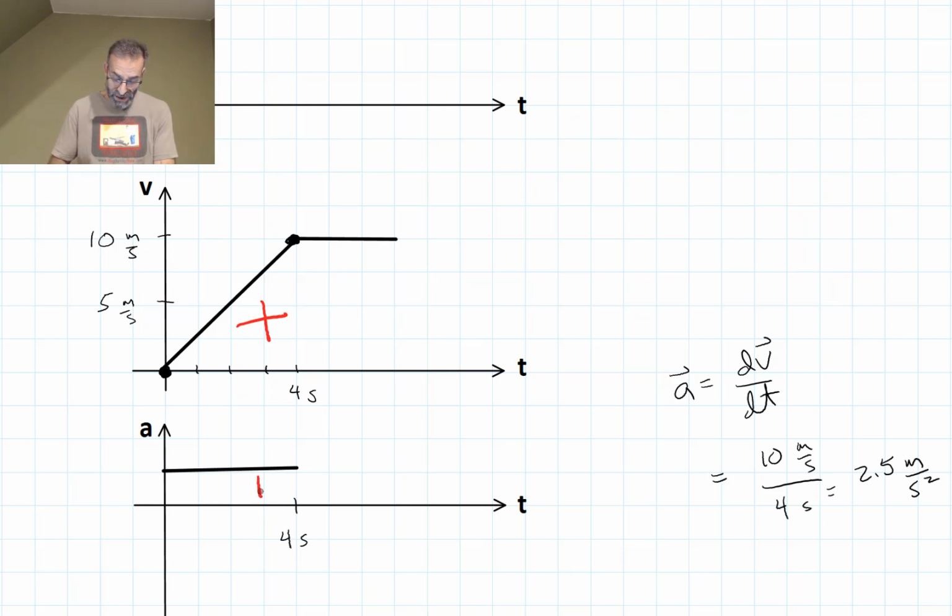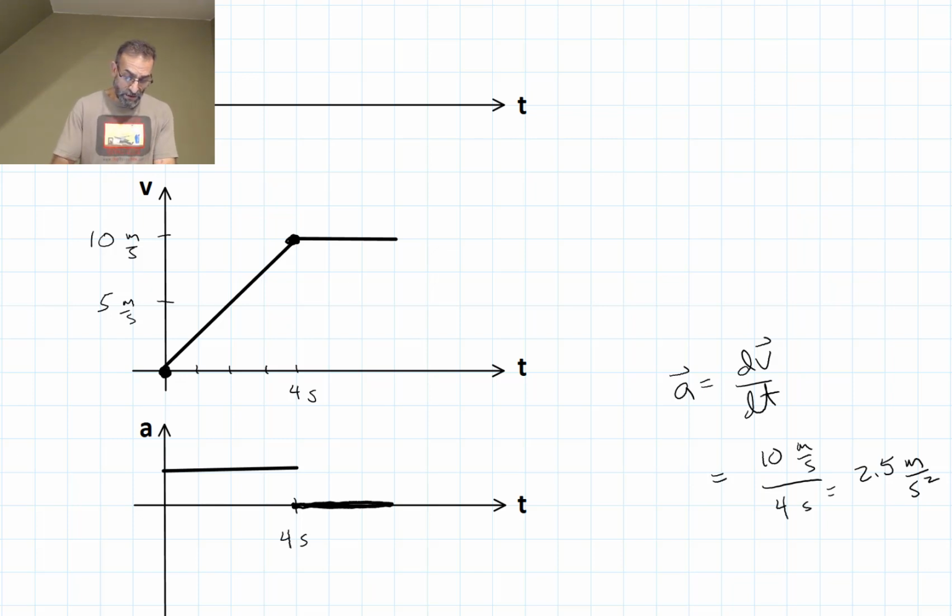It also has to be positive. And when we look at our slope, the slope is positive. So everything checks here. And what does the acceleration versus time curve look like beyond 4 seconds? The acceleration is 0. The slope of a horizontal line is 0.